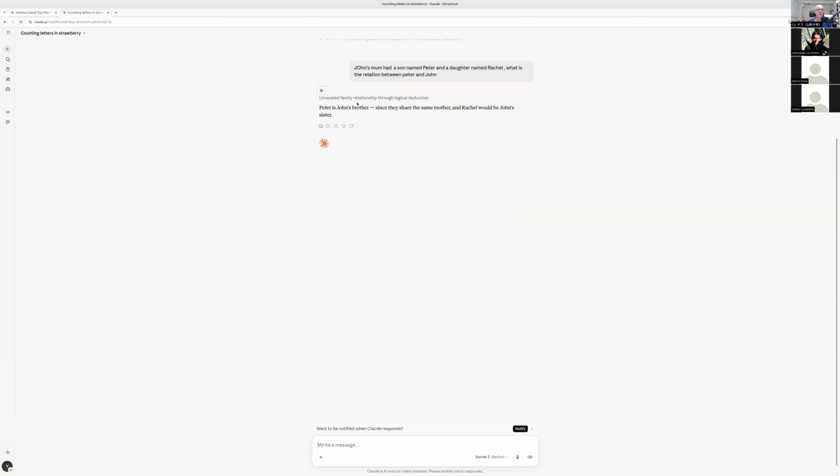And again, here we have been redirected to a logical deduction module. Okay. LLMs with their tokenization and their text prediction capabilities absolutely cannot do this kind of simple relation between Peter and John.